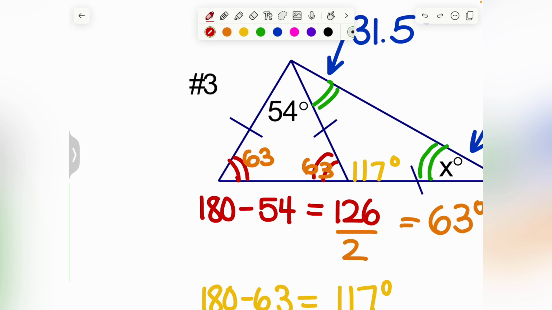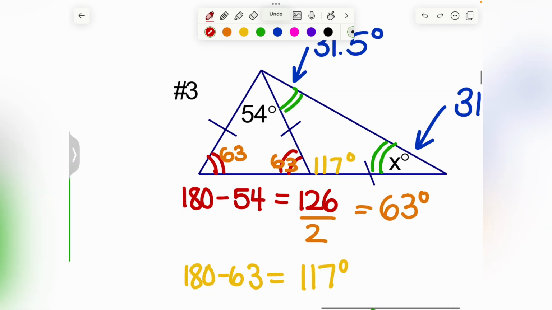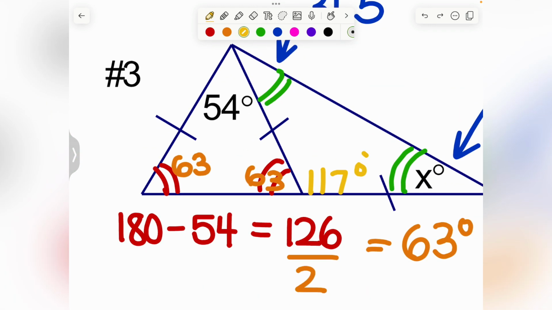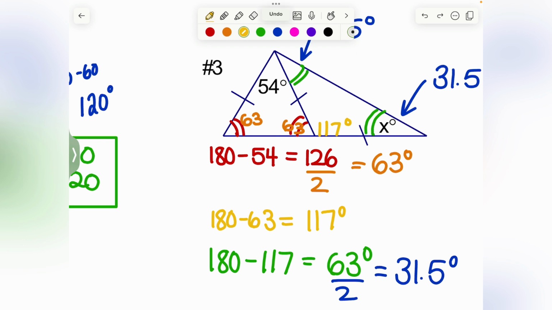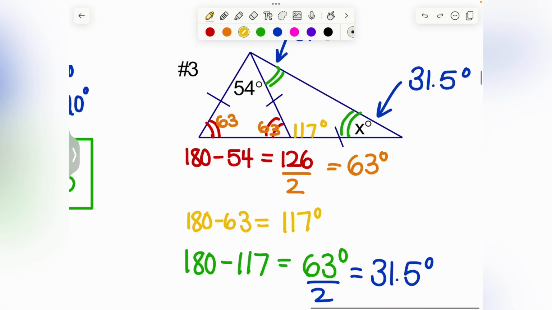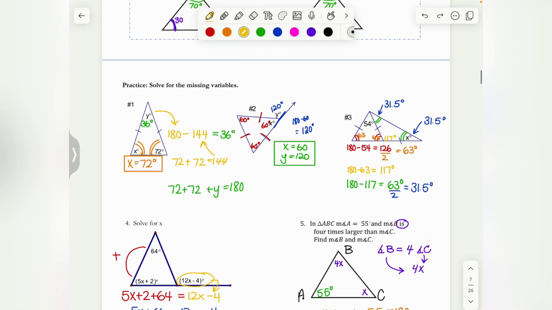So if I just take that leftover amount, 126 divided by 2, I get the angles, 63 degrees each. Then to get this angle, I just subtracted 63 from 180 because these form a straight line. And then I did the same thing. 180 minus that 117 is 63, and I got to split that in half to get the other 2 angles, 31.5. That one was tough.